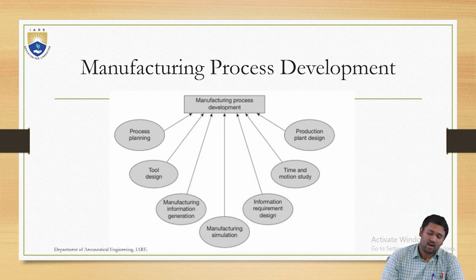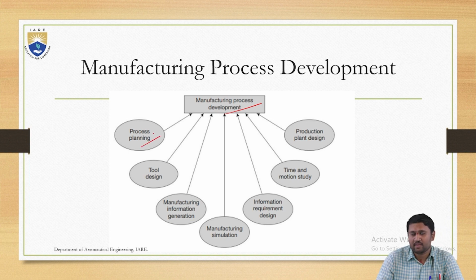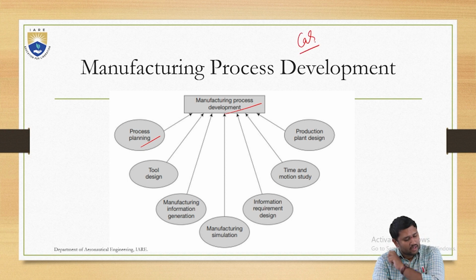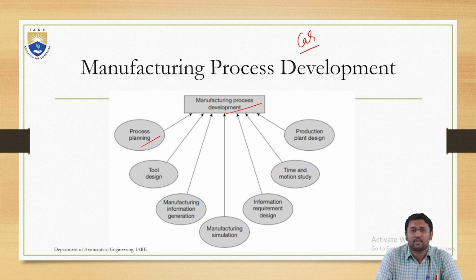Next, how are you developing a management process, right? First is a process plan. For example, as we considered earlier, a simple car will have different processes in order to manufacture a complete car.